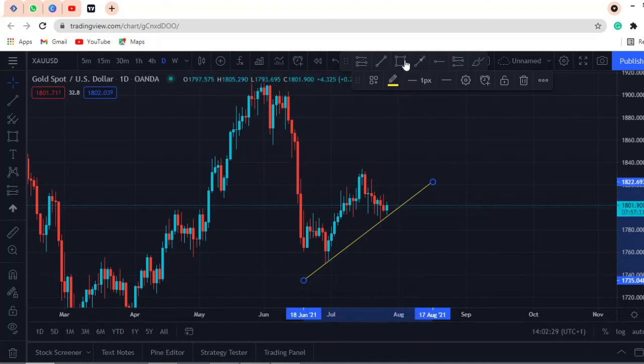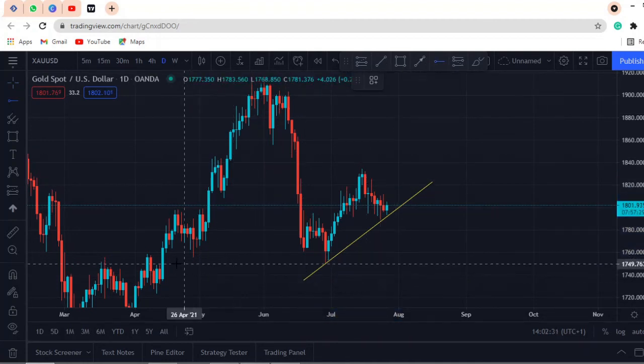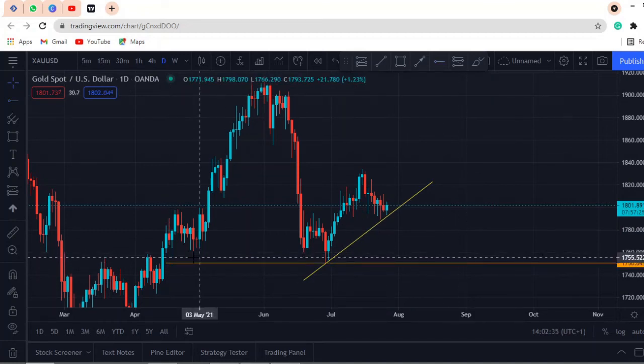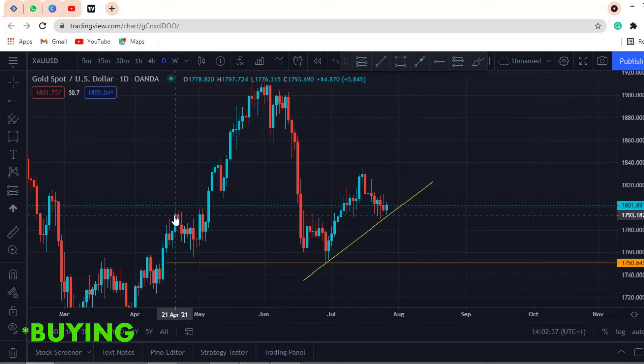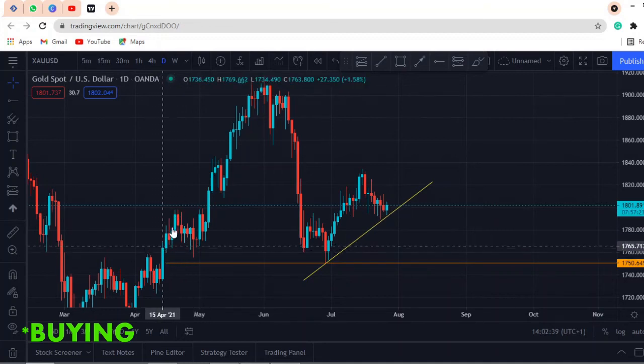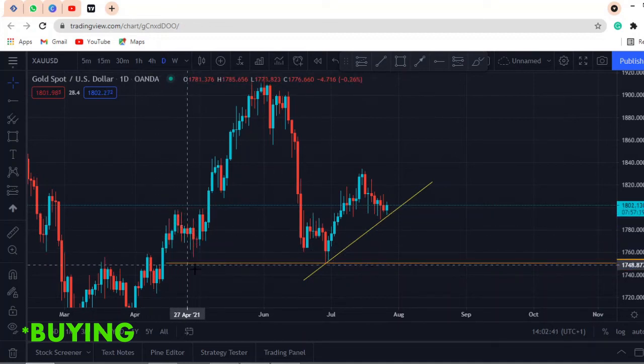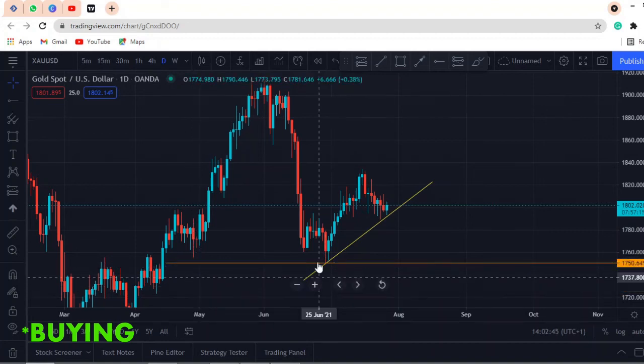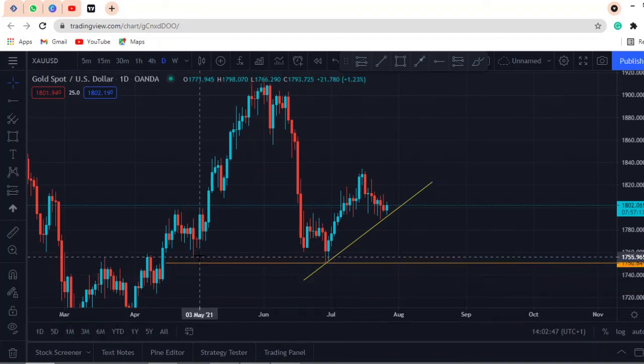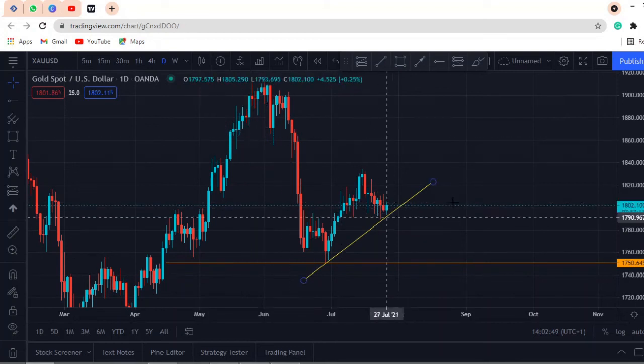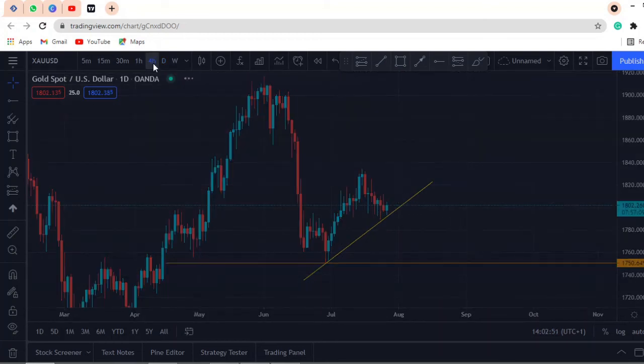For example, even though gold was selling here, you see that it came almost all the way to this level to test it before pushing up. So I normally like drawing my levels from the week.